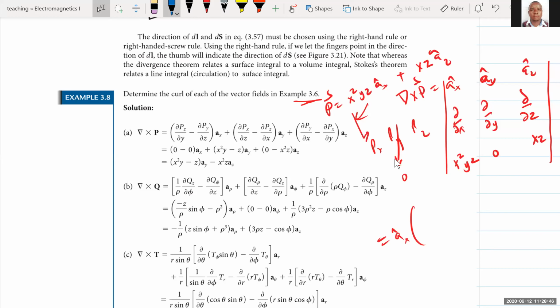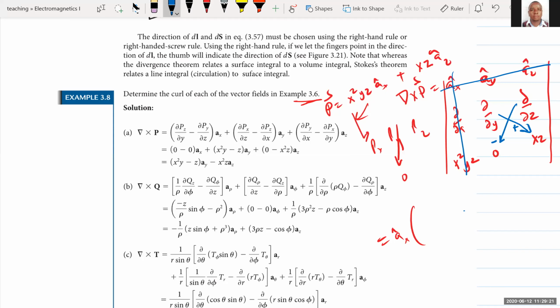So we normally cancel this out, where the row and the column intersect at ax, you cancel that row and the column. And then this is going to be equal to this arrow minus this arrow. So this is plus, this is minus.